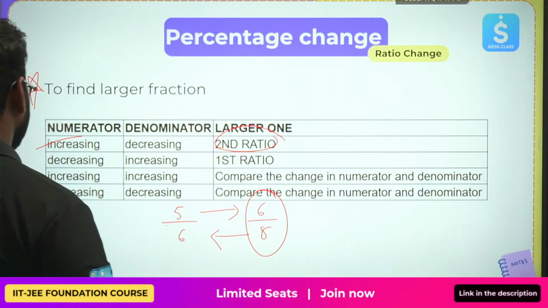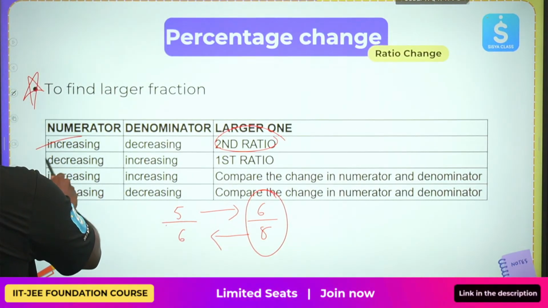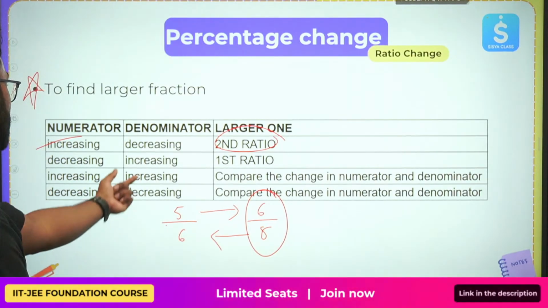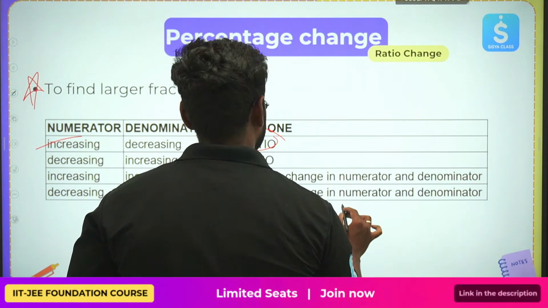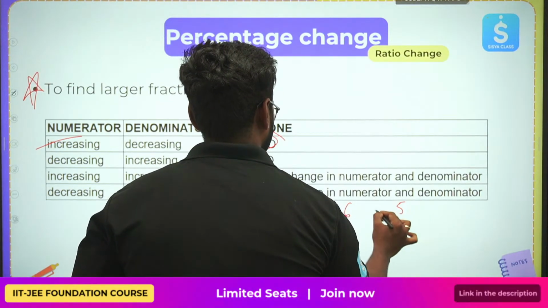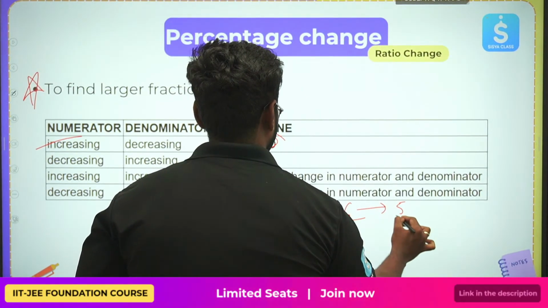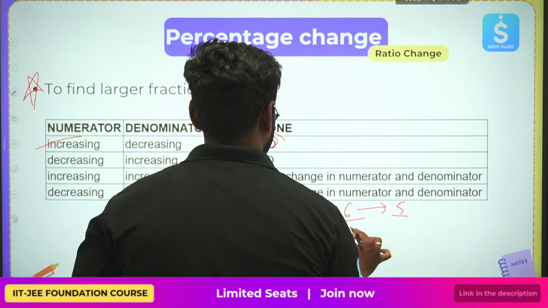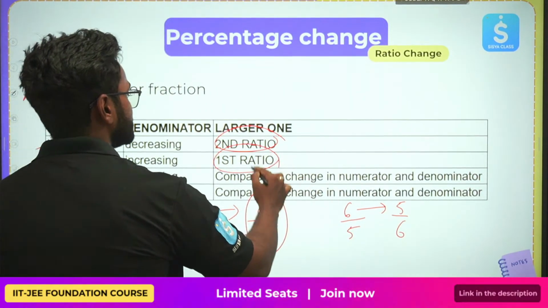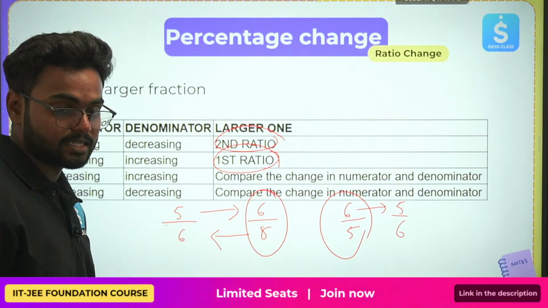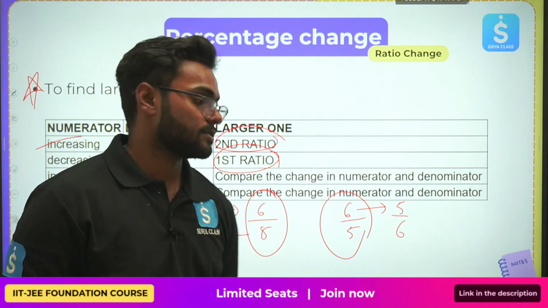Now, in the second case, the numerator is decreasing and the denominator is increasing. You can take the opposite of it. In this case, the first ratio is larger. Got it?